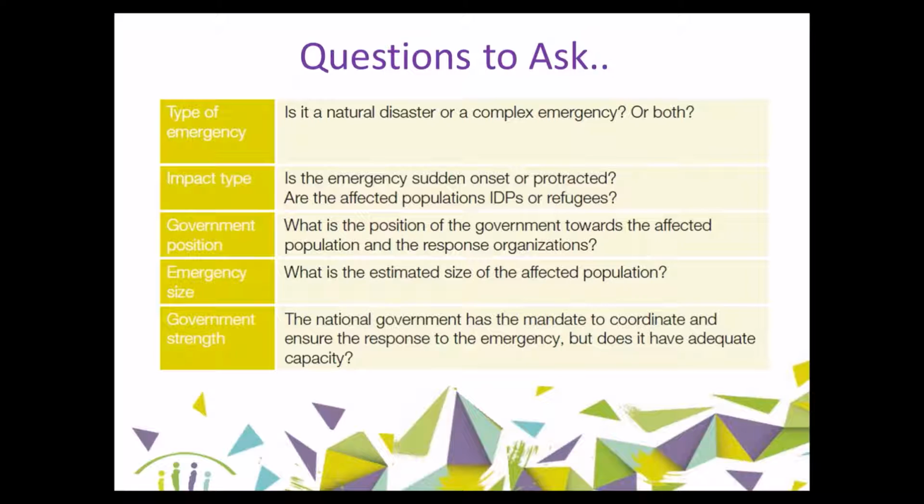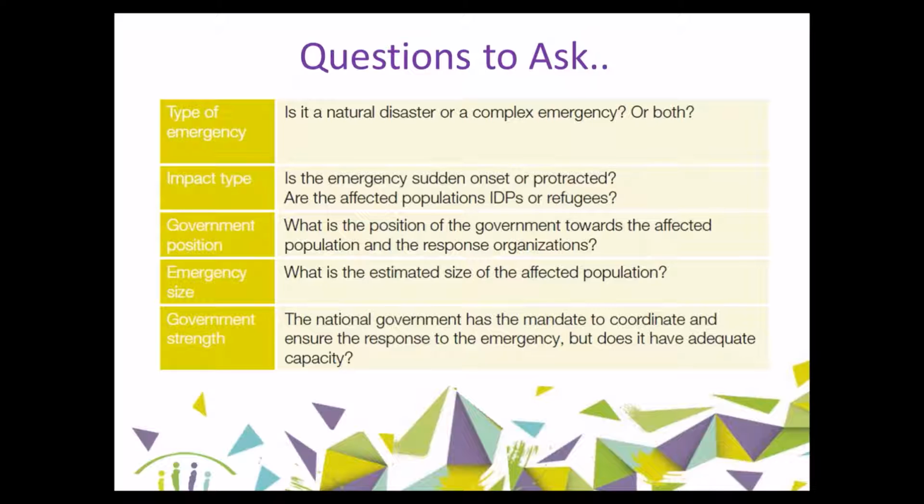Now, international partners can reinforce the government's coordination capacity if requested, and where the government does not have the capacity to coordinate the response to an emergency, the international community will usually be requested to support the relief effort. For these contexts, the UN and the IASC have outlined the recommended methods of coordination.